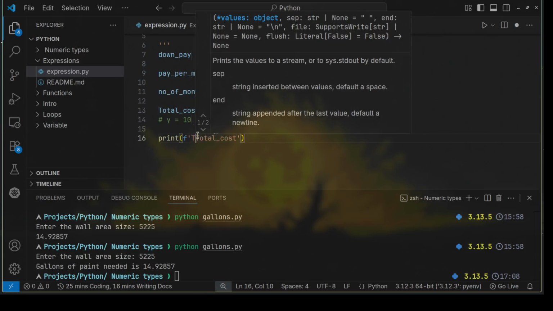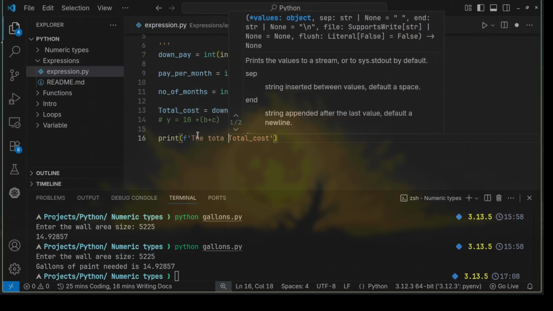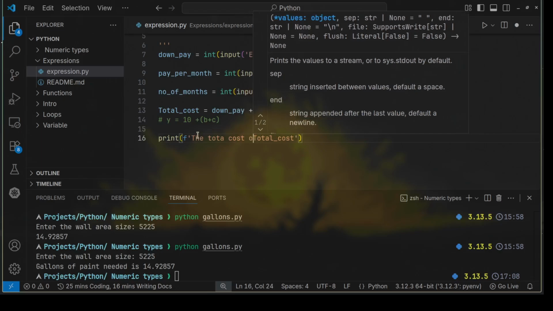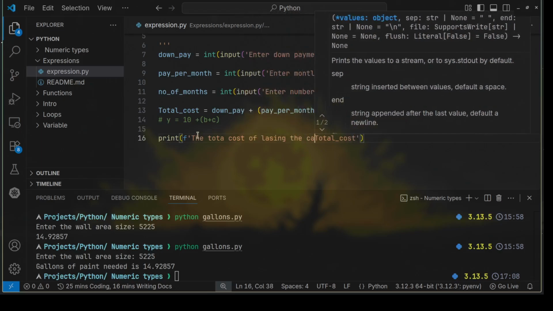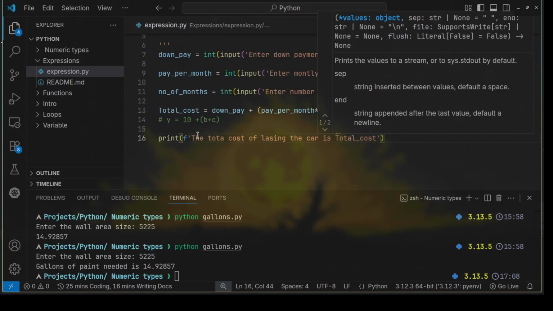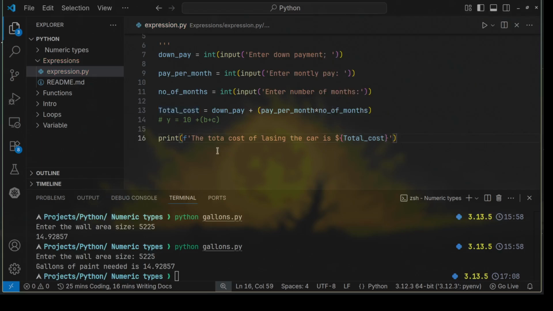We're going to say the total cost of leasing the car is, then we use a dollar sign and put the variable in curly braces. So this will output the total cost of leasing the car is total cost.